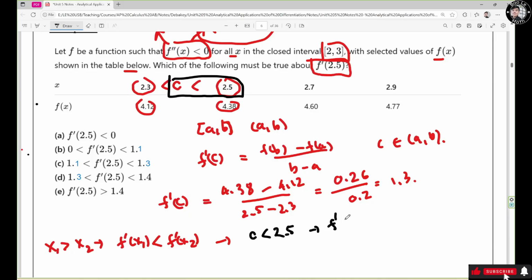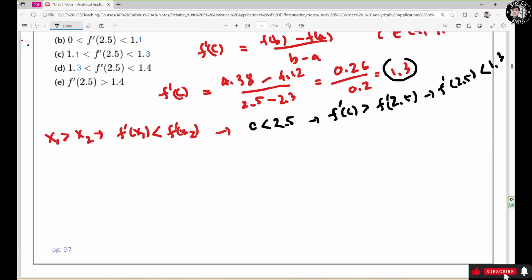Then f'(c) must be greater than f'(2.5), right? f'(c) is 1.3, right? So I have f'(2.5) less than 1.3, right?